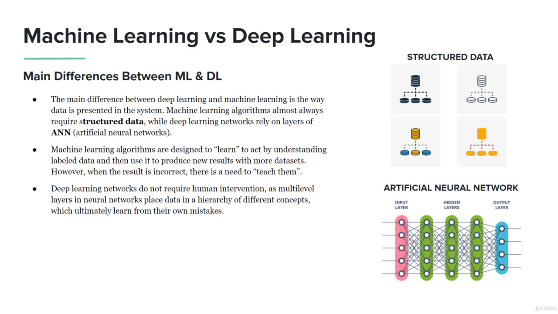So this is powerful. Machine learning algorithms learn by understanding the data and then producing a certain type of data set result. However, when it's incorrect, the individual needs to go back and reprogram the machine based on the information that's collected, understood and gathered.